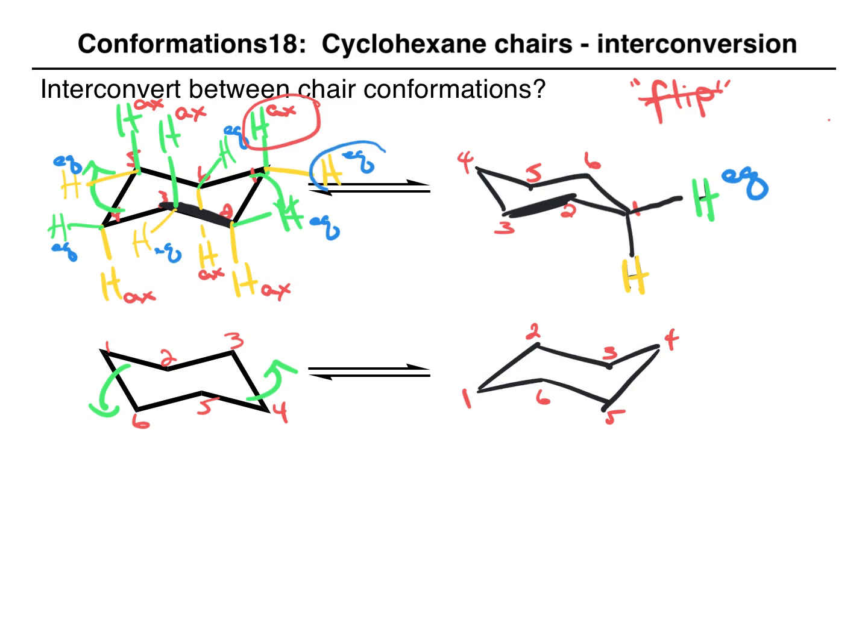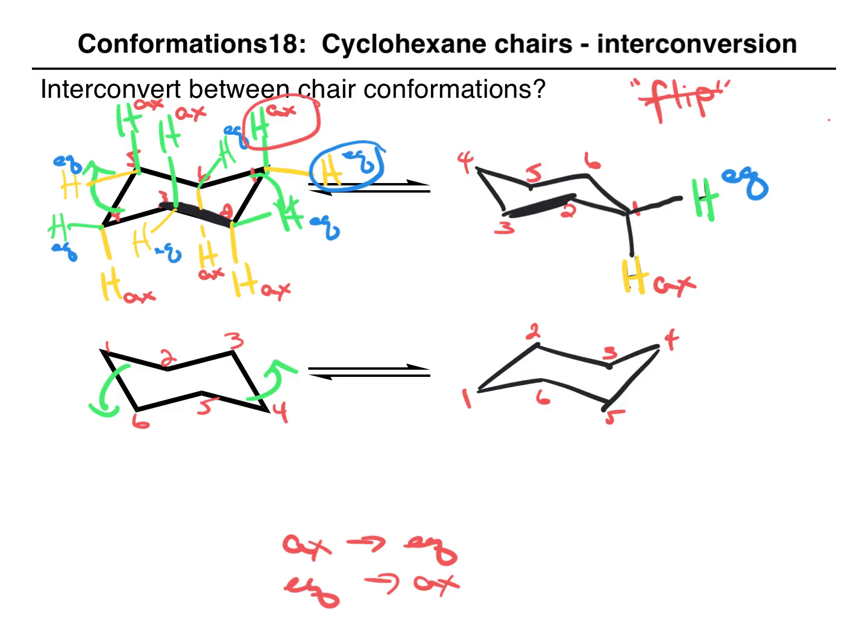And our yellow hydrogen was equatorial, now it is axial. So whenever you do a correct ring inversion, your axial will become equatorial and your equatorial will become axial.